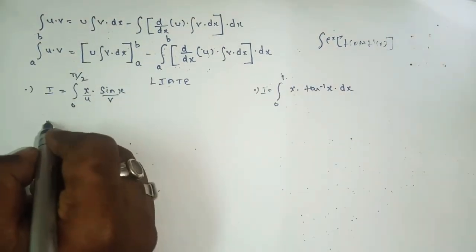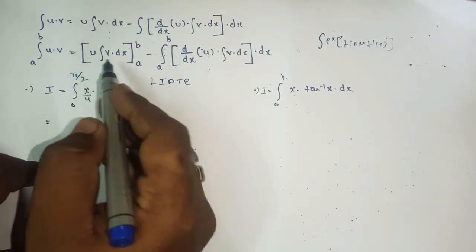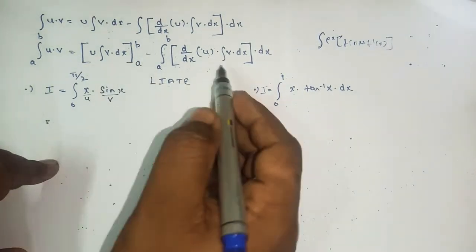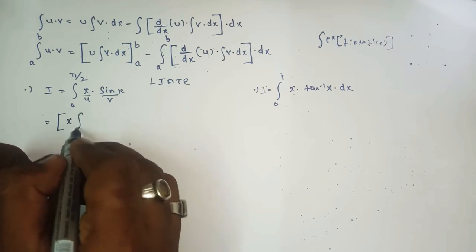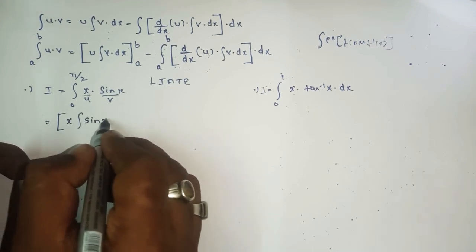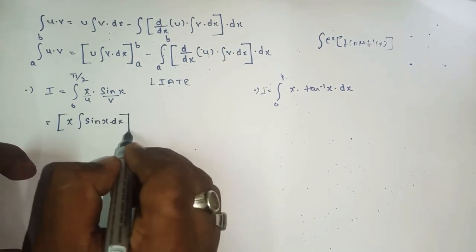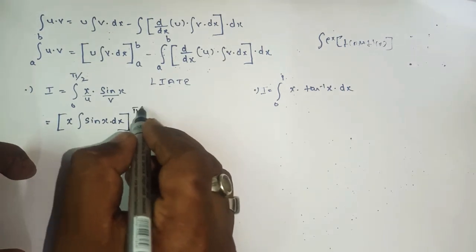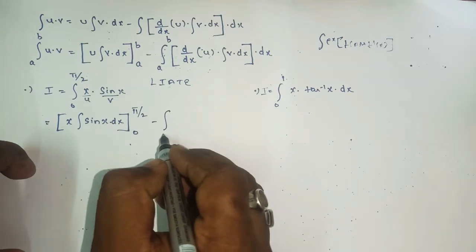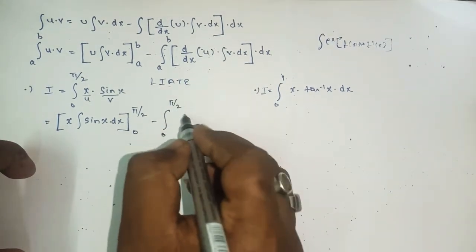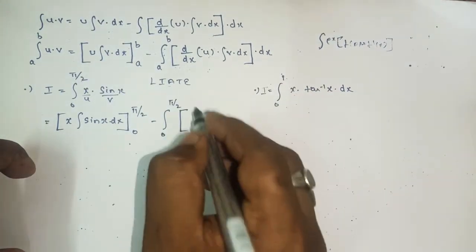Simply replace u by x and v by sine. So here you will get x integration of sine x into dx, with limits 0 to pi by 2, yes or no?